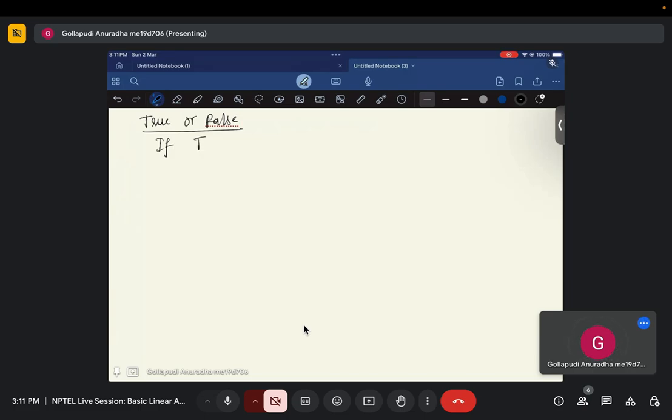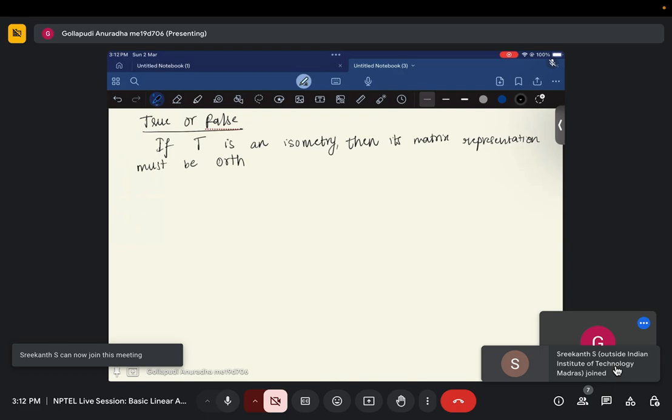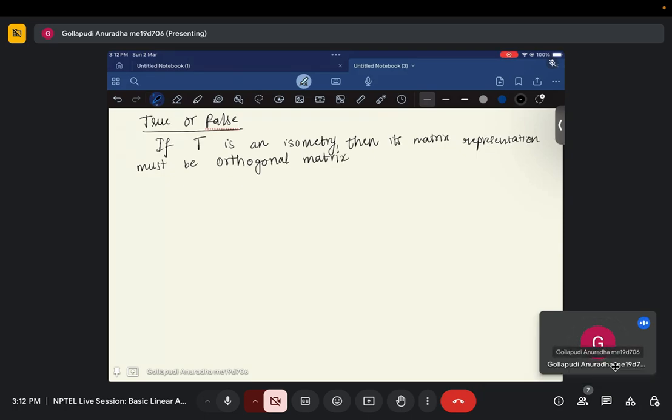Okay, so the statement is: if P is an isometry, then its matrix representation must be an orthogonal matrix. So is this true or false?